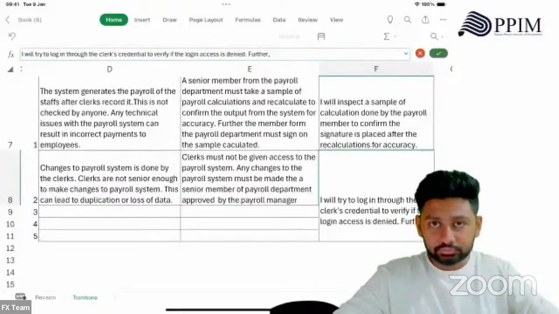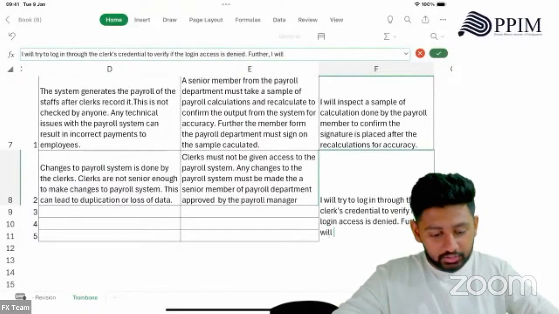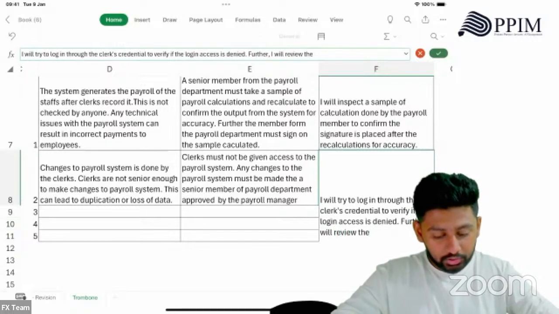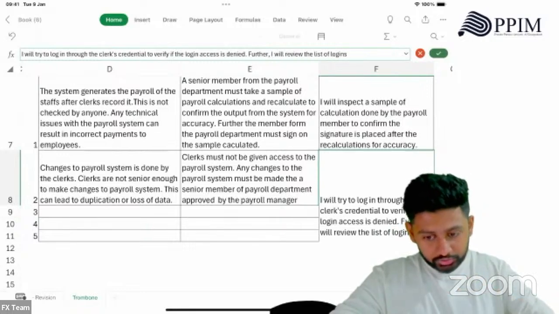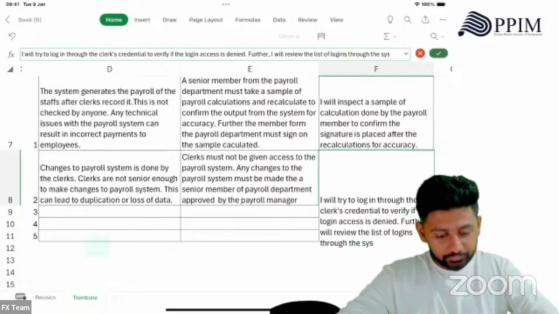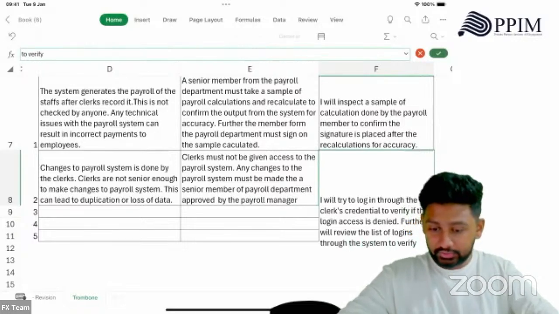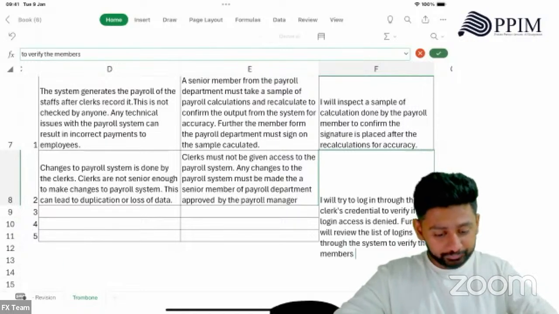Further, I will review the list of logins to the system to verify the members who made changes to the system.